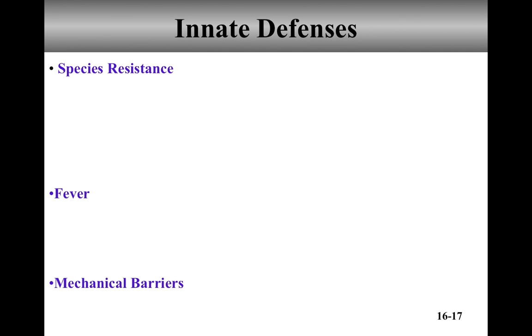Mechanical barriers, or fever. Fever inhibits microbial growth. And really, that and it increases the phagocytic activity. So fever keeps things like bacteria from being able to divide and multiply quickly.